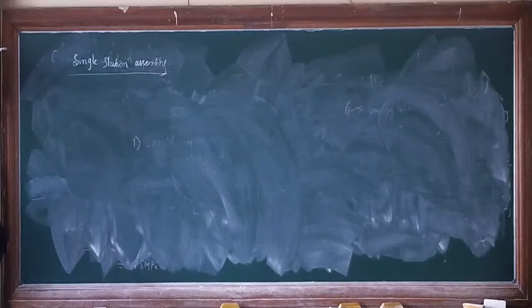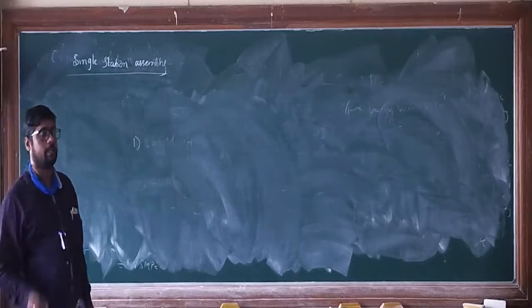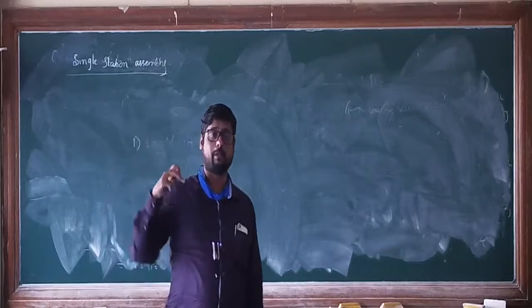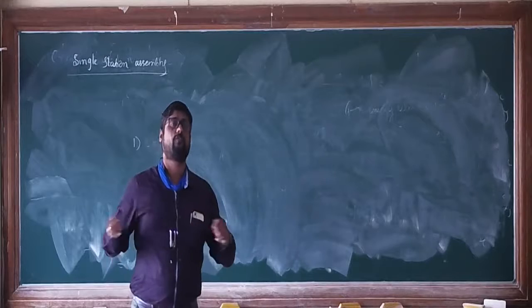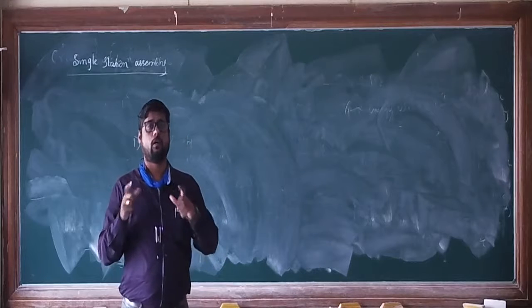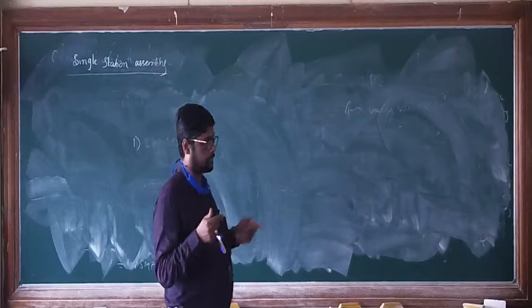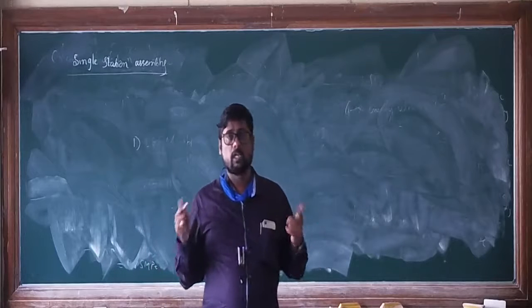First of all, this single station assembly has 4 types of configurations. As I have explained, for the bottle filling station, n number of workheads are required, but for single station assembly, at a single station we do that particular operation with the help of kitty trucks.